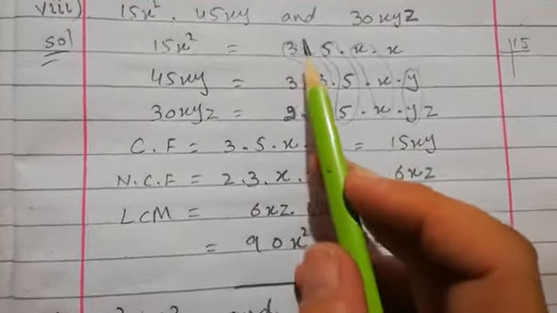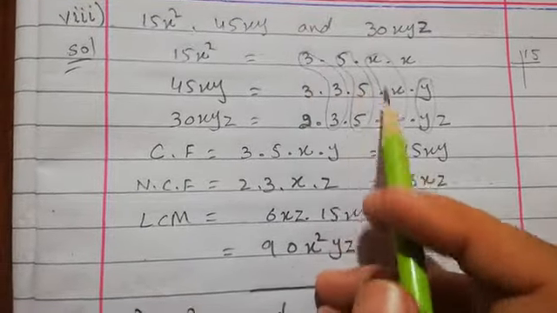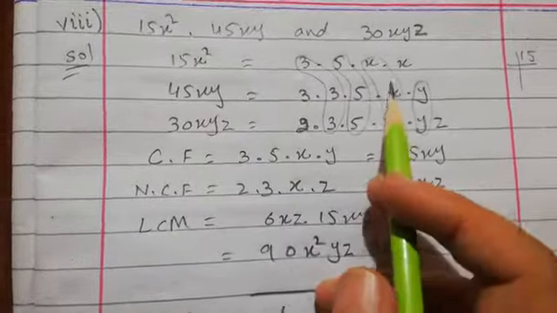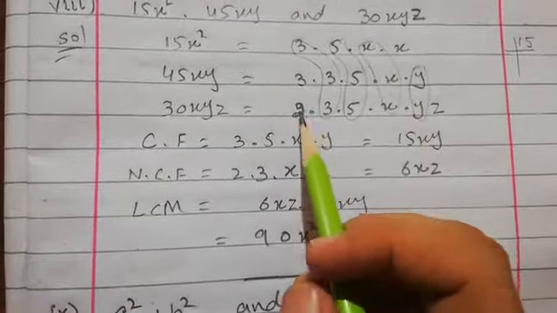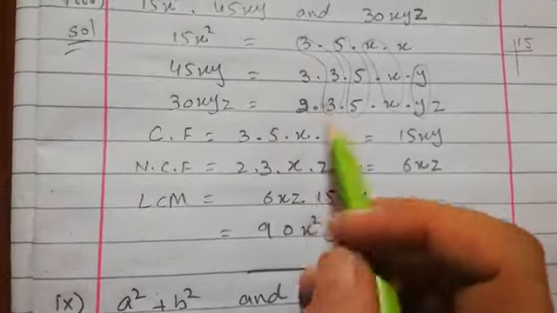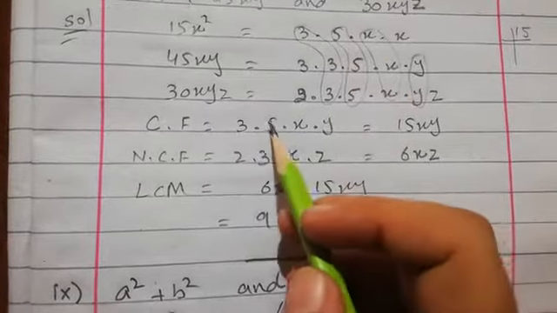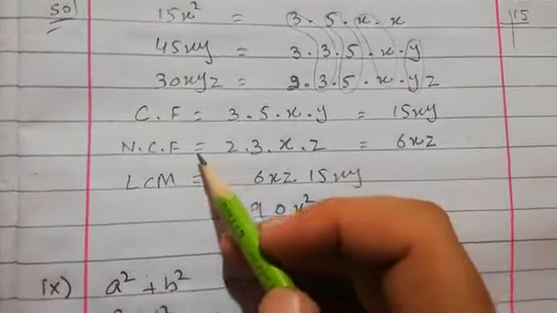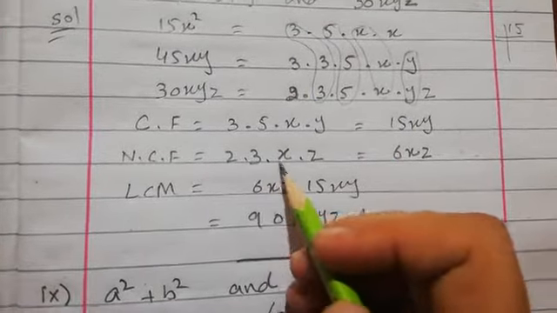Okay, my dear students, now we will take the common factors. 3 is common in all these terms, and 5 is also common. x is also common in these three terms. But y, z, 3 and 2 are the non-common factors. First of all, we separate the common factors: 3 into 5 into x into y, and 3 fives are 15xy. The non-common factors are 2, 3, x and z. 2 threes are 6xz.